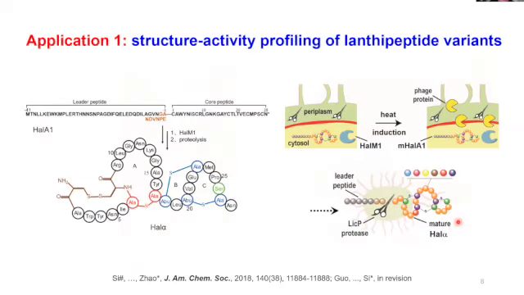I'm going to talk about two applications where we used this comprehensive single-site saturation mutagenesis to create and screen the libraries. The first example is peptide antibiotics, the so-called ribosomally synthesized and post-translationally modified peptides, which contain rings.